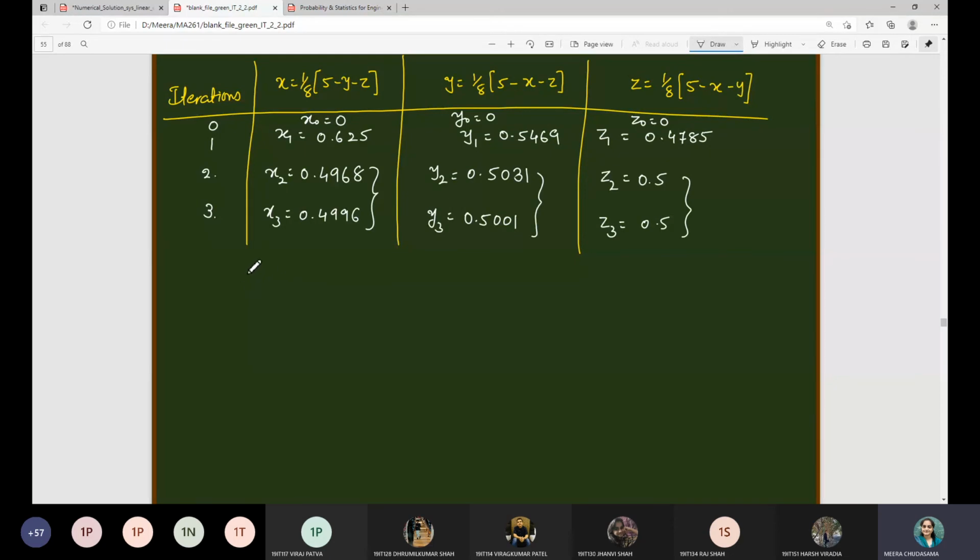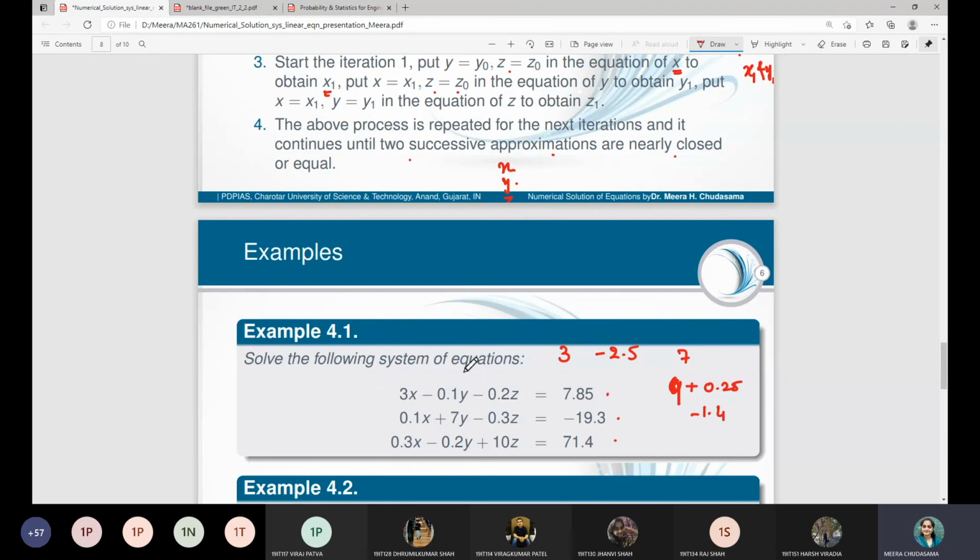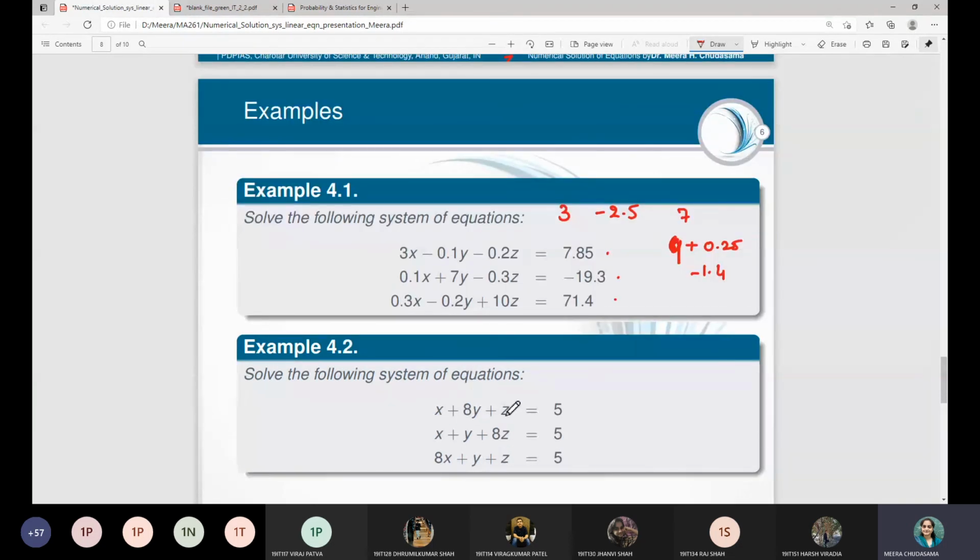So you can write this statement: since second and third iterated values are nearly equal, therefore the approximate solution is x equal to y equal to z equal to 0.5. तीनों के तीनों case में अगर 0.5 रखेंगे, 0.5, 0.5 and 0.5, that is 4 plus 1, 5. For the entire system, this solution will be the same. All these equations are satisfied.